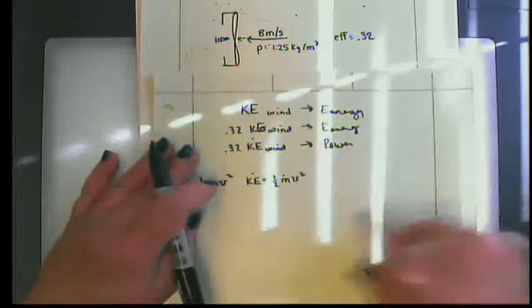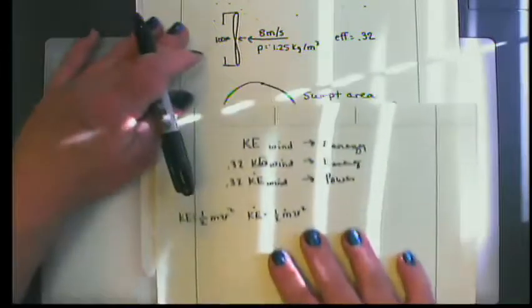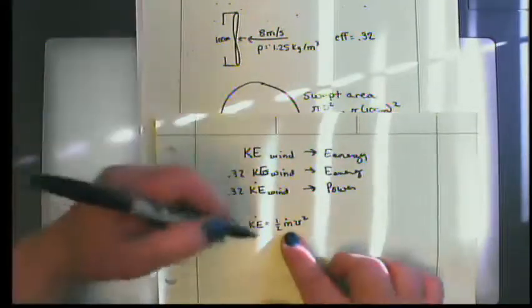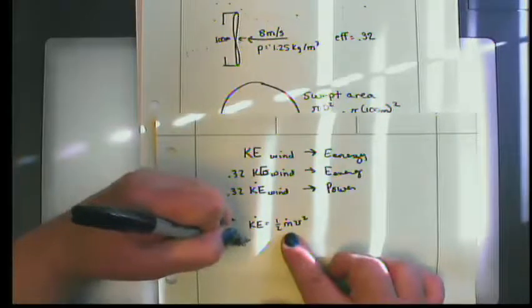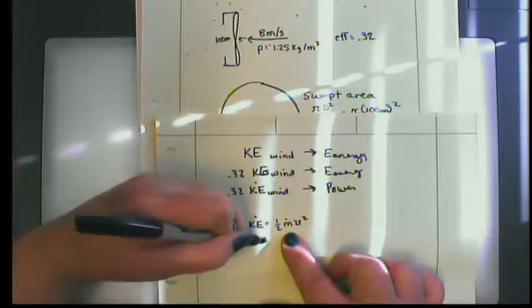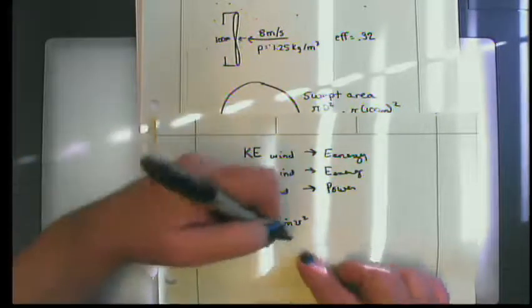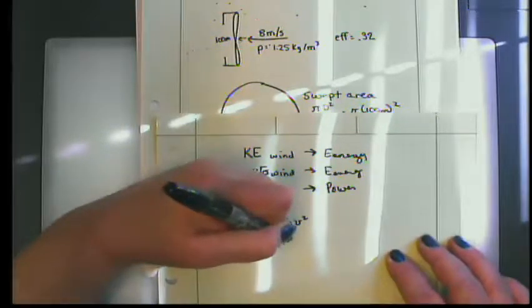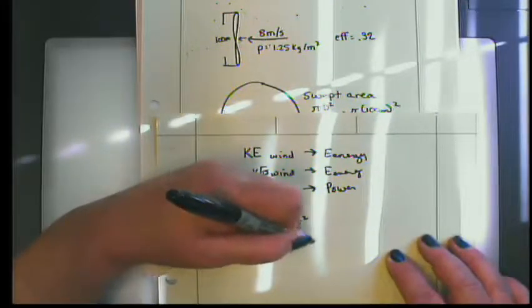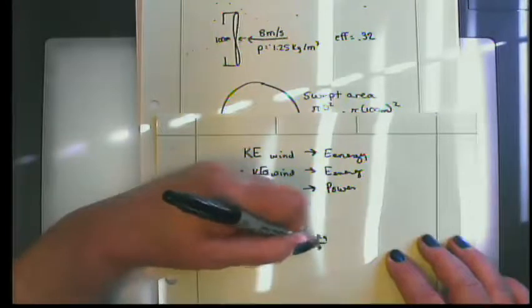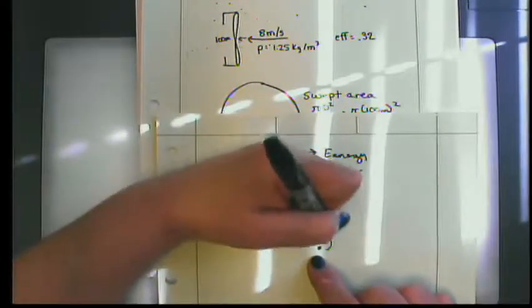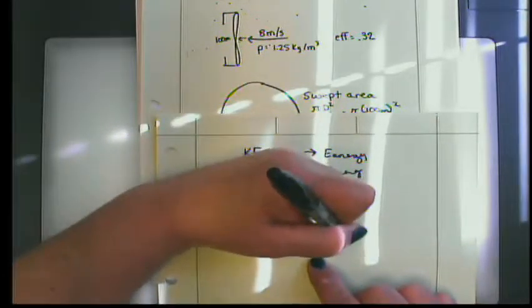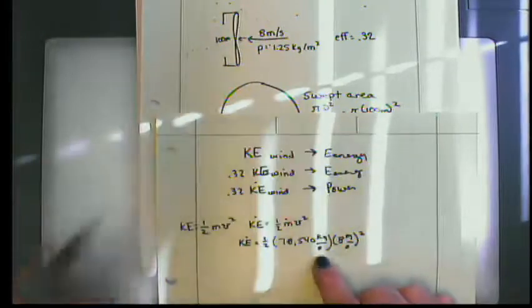So we can multiply these together. I'm going to show you one other thing before I finish up here, or kind of tangential, but I'm going to go ahead and work this out. So my rate of kinetic energy is 1/2 times my mass flow rate, 78,540 kilograms per second, times my velocity of 8 meters per second, quantity squared. Now I'm going to go ahead and work this out.